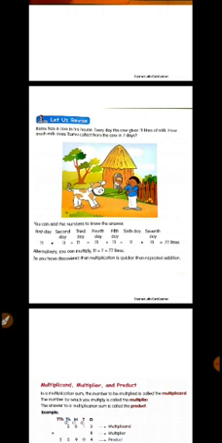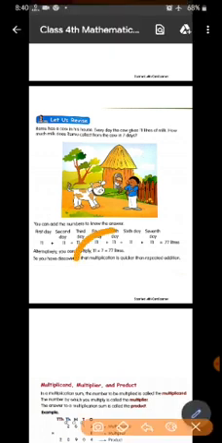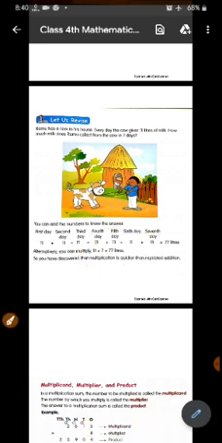We have an alternative, which is 11 into 7, which is 77 liters. By this we discovered that multiplication is the quicker alternative of repeated addition.